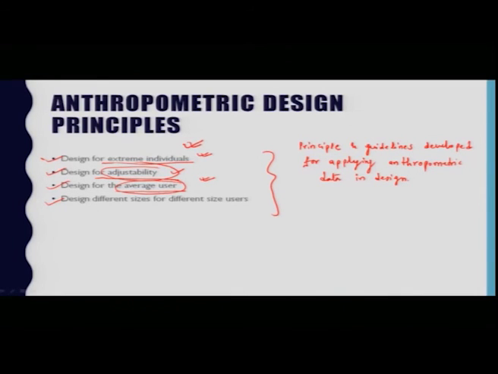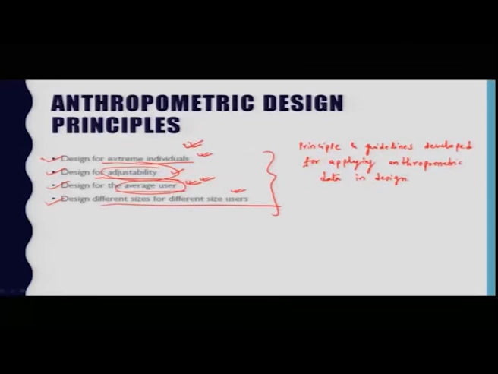This particular age group you can define as the average user, and if you take the example of clothes, these clothes fit that particular age group. So, the average user is that age group for which designing is considered.